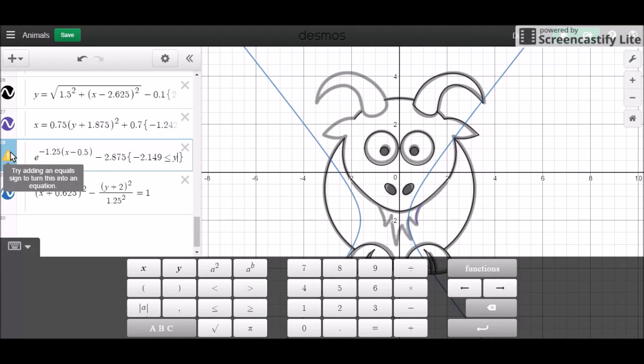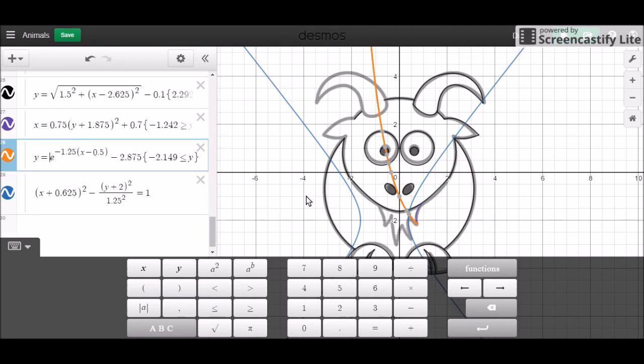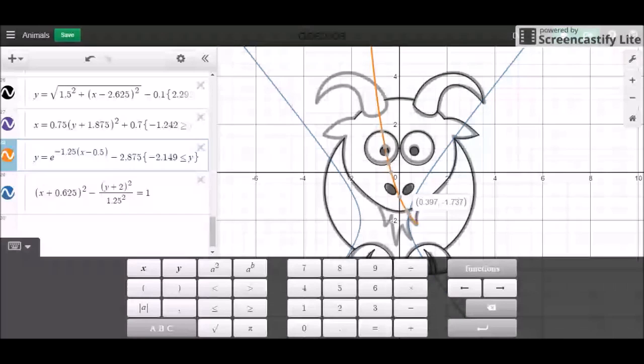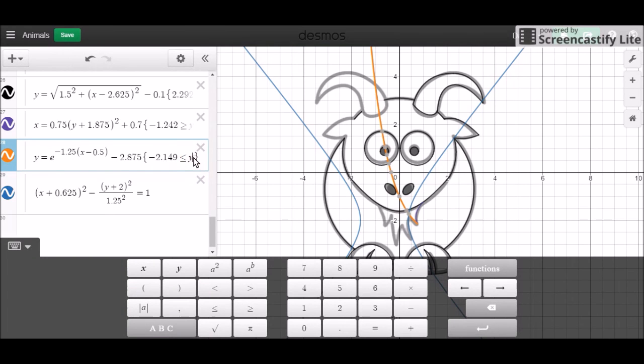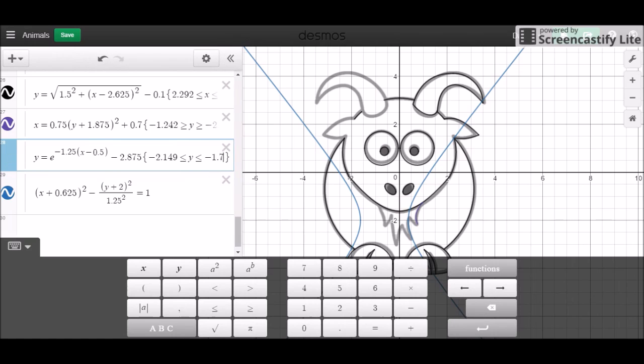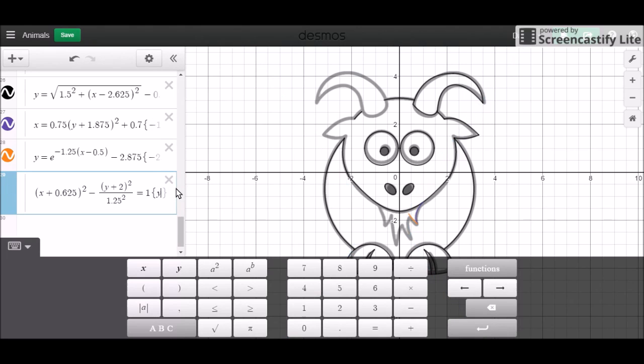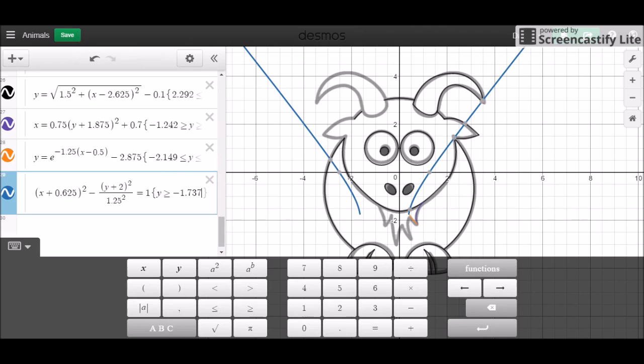Try adding an equal sign to turn this into an equation. It is confused for some odd reason, and there's a negative 1.737. And this one is go with less than negative 1.737.